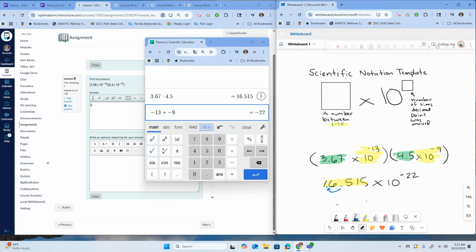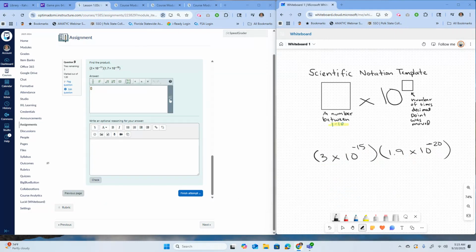So I'm going to put it between the 1 and the 6. So I'm going to have a new coefficient, 1.6515. Now, when you move the decimal point to the left, you're adding to the exponent. I moved it one time to the left, so I added 1 to the exponent: times 10 to the negative 21st power. And that's how you do that problem.